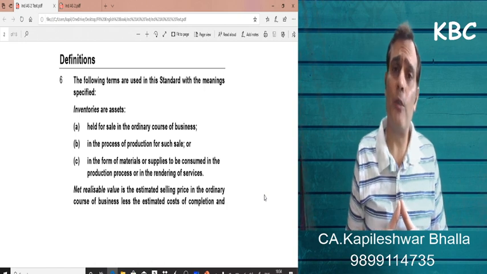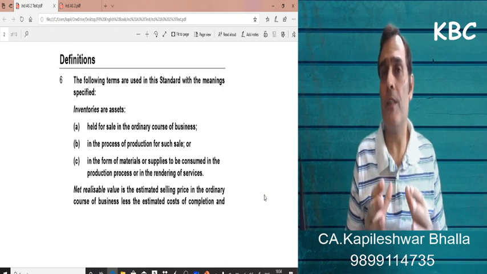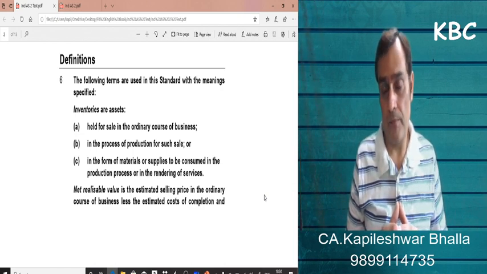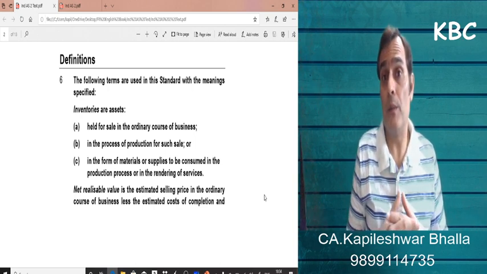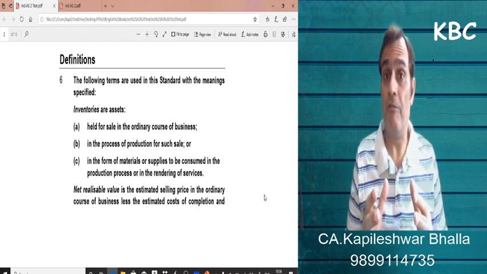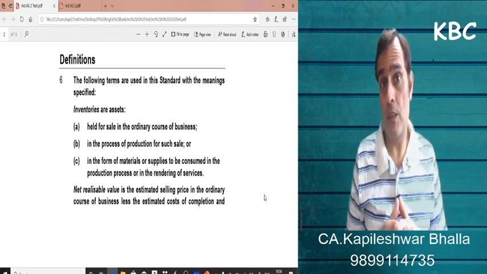Then we said if you're looking at inventories which are ordinarily interchangeable, in those cases, we would always prefer a historical cost method. But as a matter of convenience, if the results approximate the cost, like for example, when we look at departmental stores, it might be very difficult to take inventories using a historical cost method.